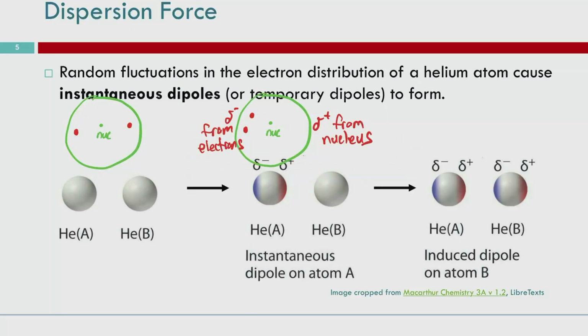So it can induce that to happen, pulling those electrons over from its neighbor for a tiny little moment. On average, the electrons are going to be evenly distributed, but for little snippets of time, they're sticky because of this pulling force of the electrons between the different atoms.